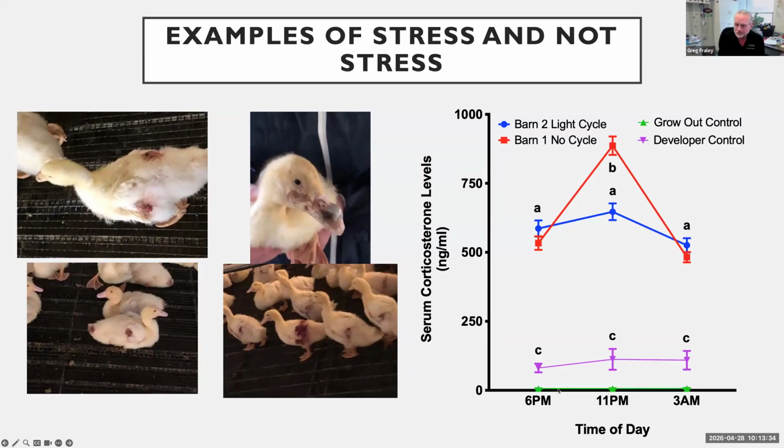So right here, the difference between the green and the purple lines is an excellent example of a rheostatic change. This is a change in the physiological set point of corticosterone. Whereas the blue and red lines are an excellent example of an allostatic change, right? So this is a stress response.